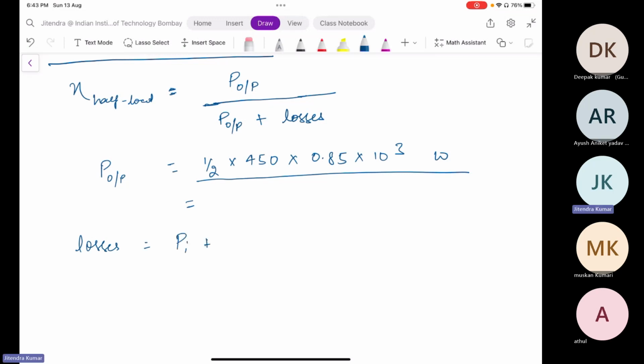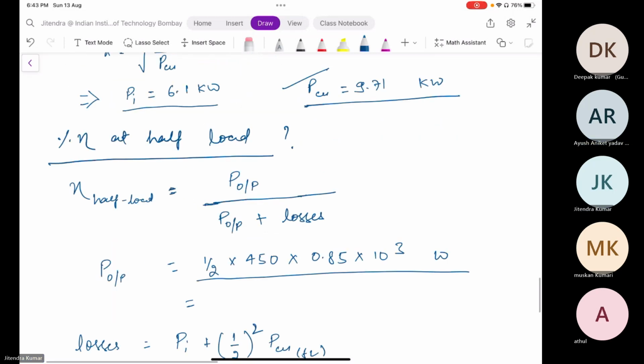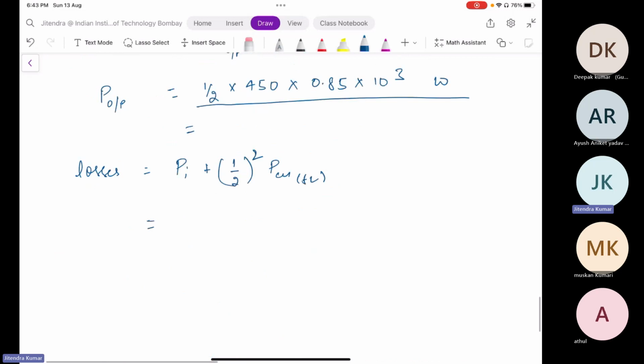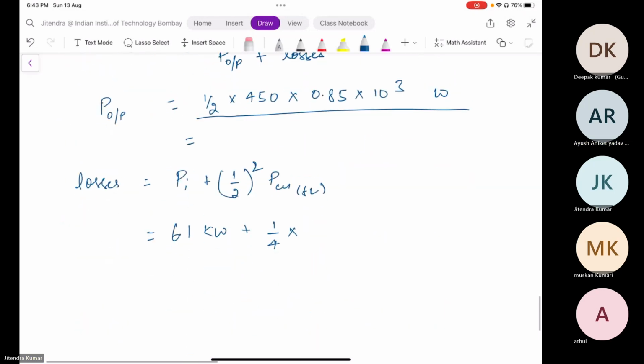PI plus half load, so half square into PCU at full load, right? So iron loss was 6.1 kilowatt. So compute both the value, this one and this one, and please let me know.